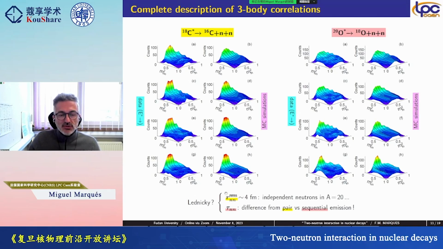So for the source size, we obtain in all cases an average distance of about 4 fermis. So if you remember, for halo systems it was 6, 7. Here it was 4, which was in agreement with a liquid drop of mass about 20. So it was coherent with what we expected.